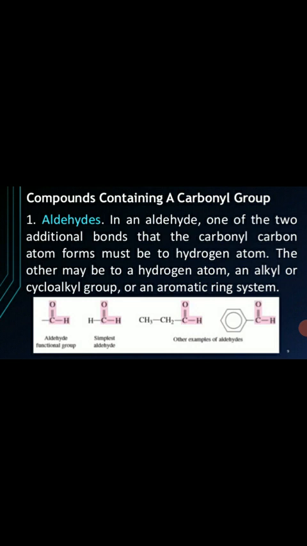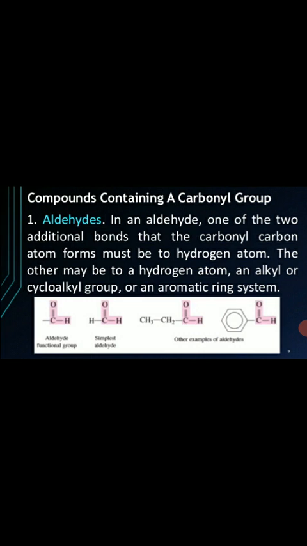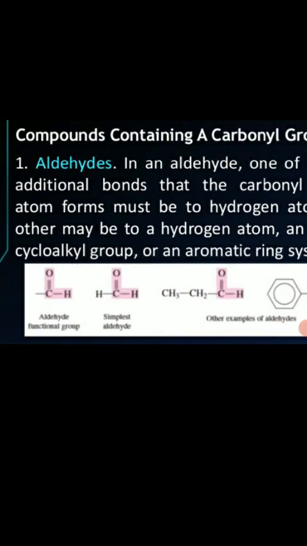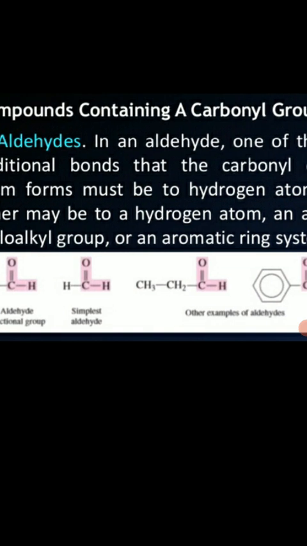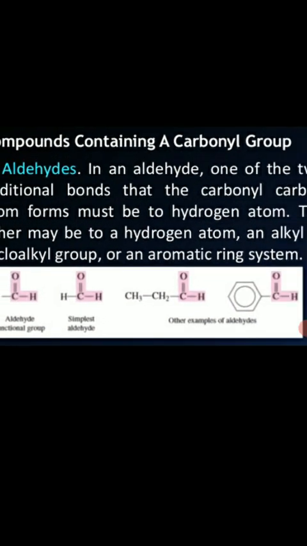The other may be to a hydrogen atom, an alkyl or a cycloalkyl group or an aromatic ring system. Right, so we have HCHO, that is, one bond will be with the hydrogen and the other can be either with the hydrogen or with an alkyl group or an aryl group, right?